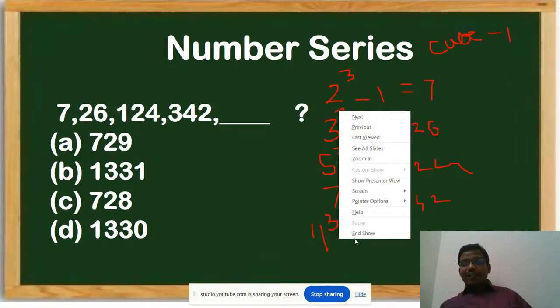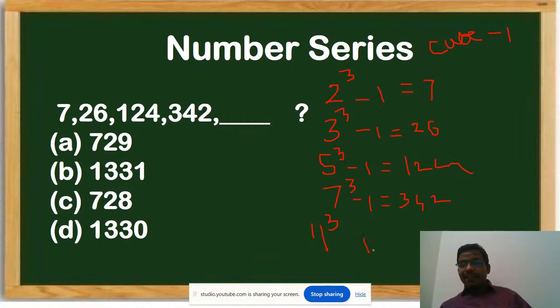So the logic is prime number cube minus 1. So 11 cube minus 1 is the answer. 1331 minus 1, 1330. So got it? So it is prime cube minus 1.